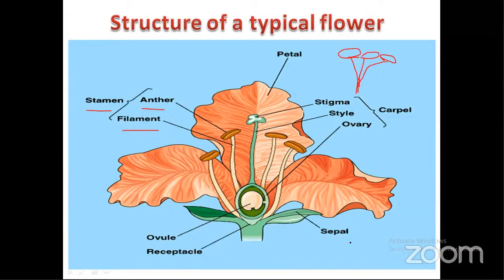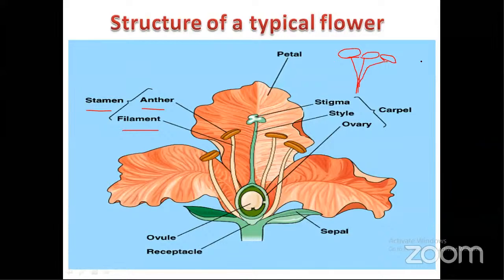Then, when stamens are attached to form two groups of filaments, the condition is diadelphous, where two columns will be there.